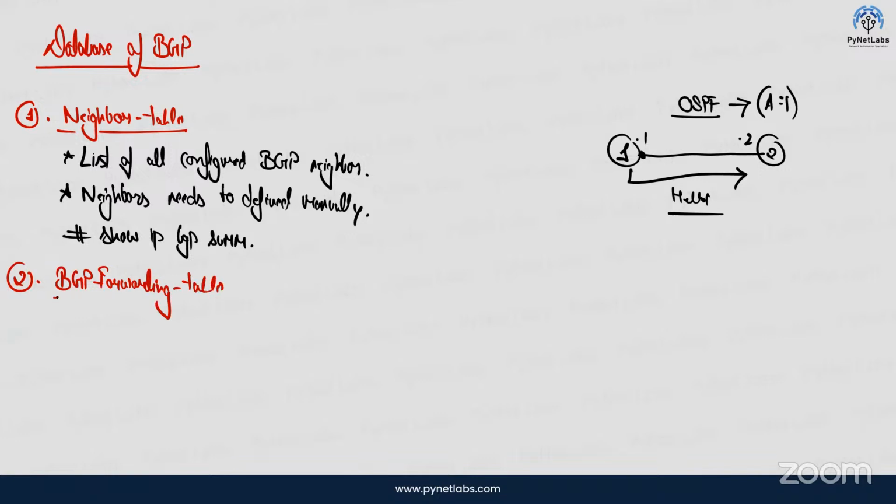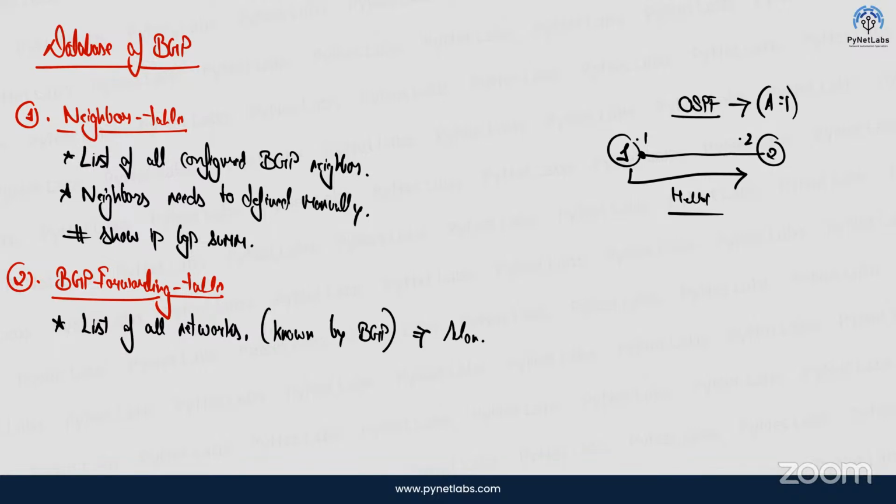This is also a very important aspect of BGP, but it is something we will not get into in much detail. The BGP forwarding table is nothing but a list of all the networks which are known by BGP, whatever networks you have advertised inside the BGP domain, along with the path information.